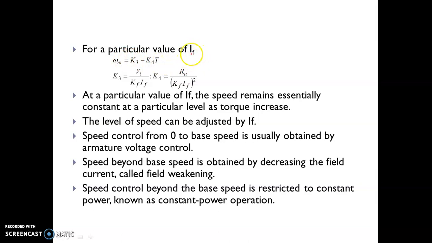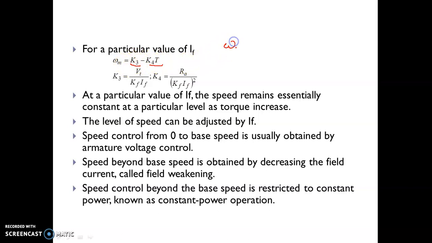For a particular value of field current, suppose it is K3, minus K4 into T. Why is K3 constant?